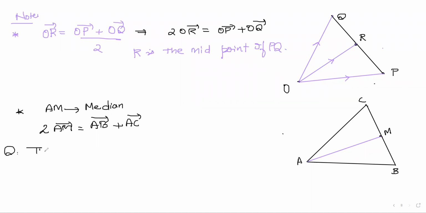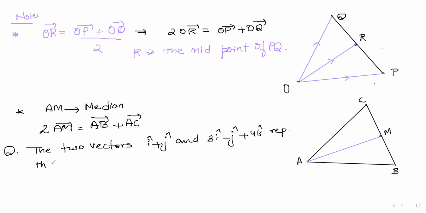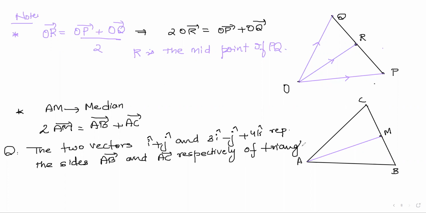The question is: the two vectors I cap plus J cap and 3I cap minus J cap plus 4K cap represent the sides AB and AC respectively of triangle ABC.